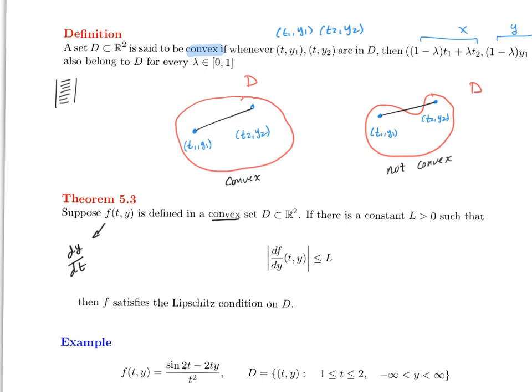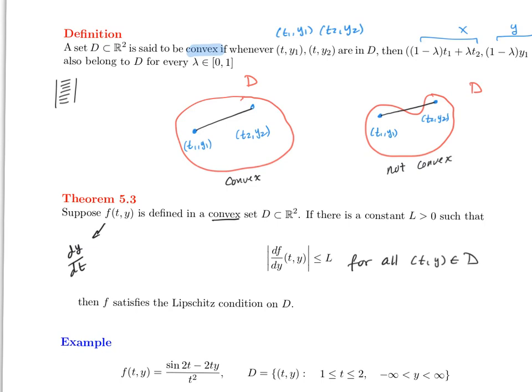If there is a constant L such that the partial derivative of f with respect to y is less than or equal to a constant for all ordered pairs, so for all t and y that are part of the convex set, then f satisfies the Lipschitz condition on D. This is the same condition we saw at the very beginning.